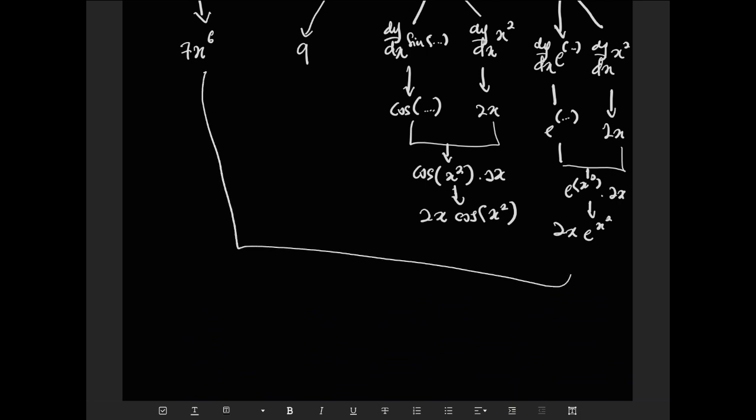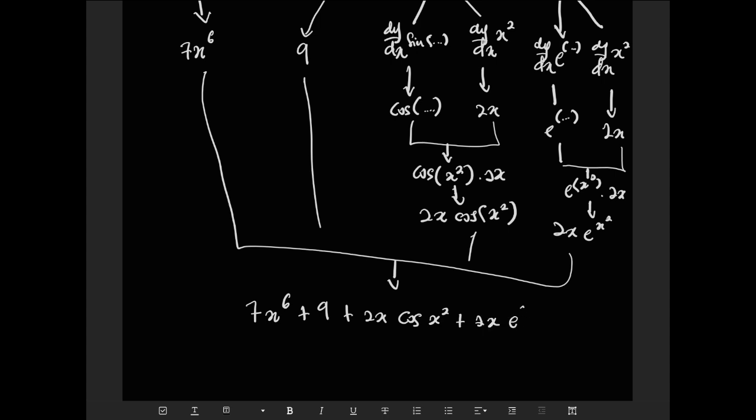Okay, so now that we have differentiated everything, we can just combine them together. So we pull down everything. We start with 7x to the power of 6 plus 9 plus 2x cos x squared plus 2x times the exponent x squared.